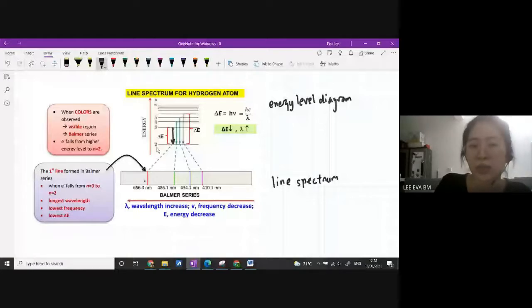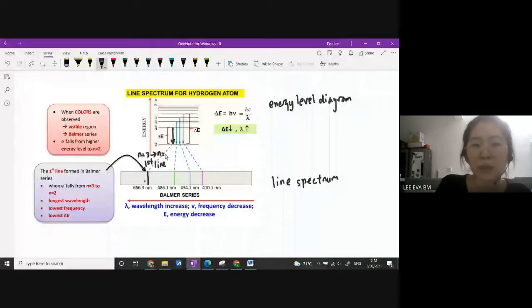So 3 to 2 is our first line. Then our second line will be 4 to 2. This is the line produced from the transition. So when the electron falls from 3 to ground state 2, this is the first line you create. The first line is from transition n equals 3 down to n equals 2.